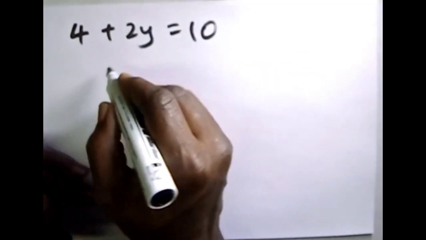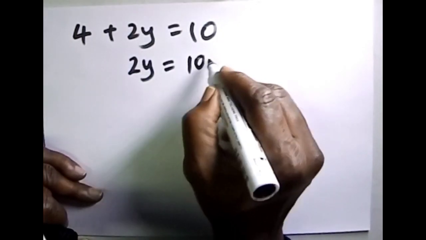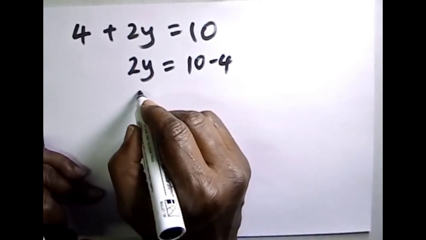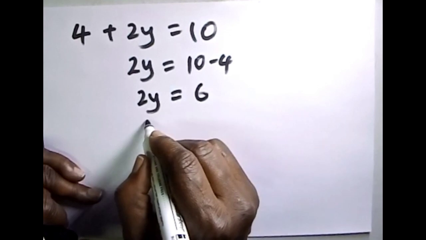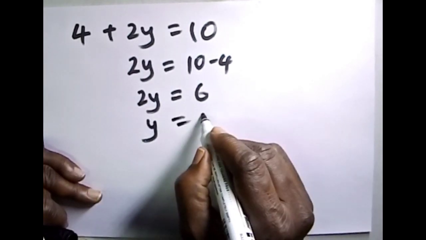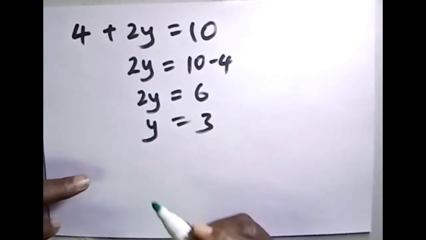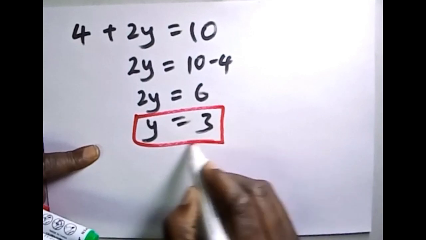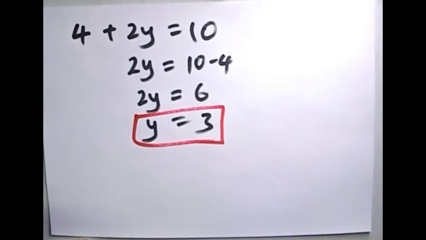We'll move the 4 to the other side. 2y equals 10 minus 4. So 2y will be equal to 6, and that gives us y equals 3. All right, I'm not working all the steps as I used to do in the mathematics for the kids. Just bear with me. So we've got our x equals 2 and y equals 3.